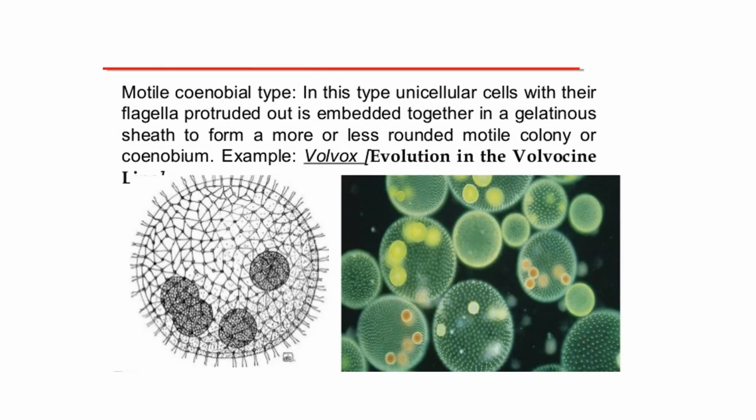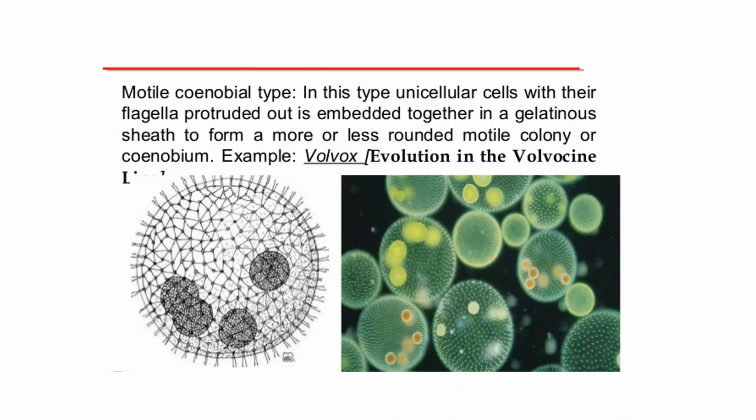Next, we have the motile coenobial type. In this type, unicellular cells with their flagella protruding out are embedded together in a gelatinous sheath to form a more or less rounded motile colony, or coenobium. Because it has so many cells, it is known as a coenobium or a colony.